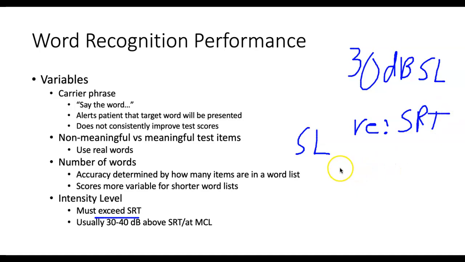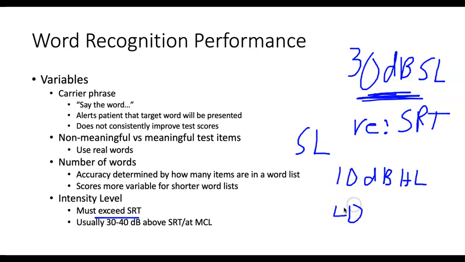If I got an SRT of 10 dBHL, that's my SRT, and I tested them at 30 dBSL, that's above the SRT. So 30 above the SRT would be 40 dBHL. So sensation level, when you see SL, that essentially means above your SRT.